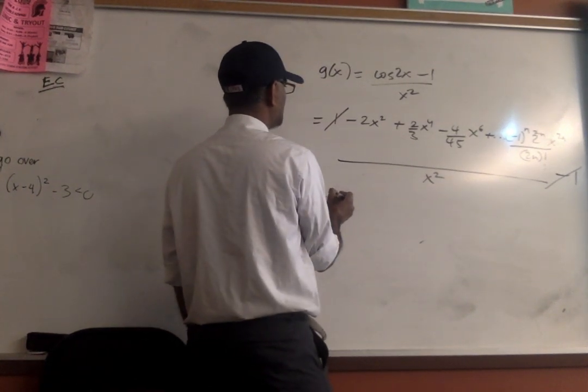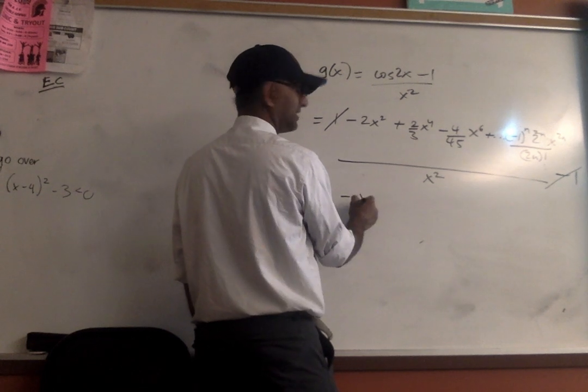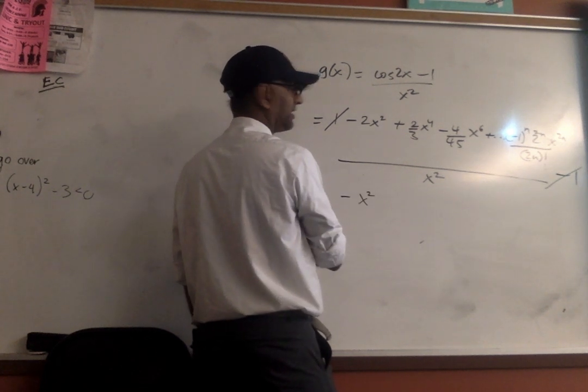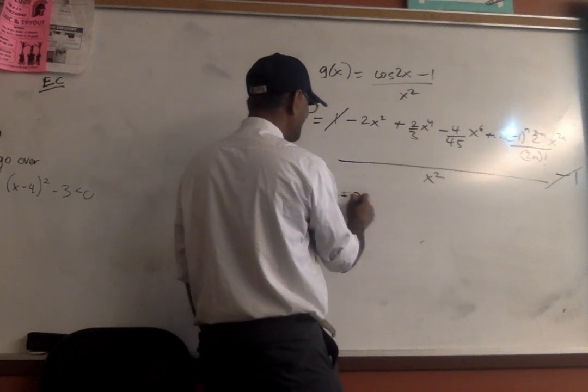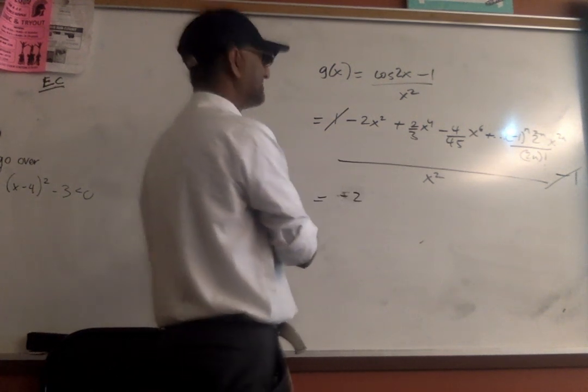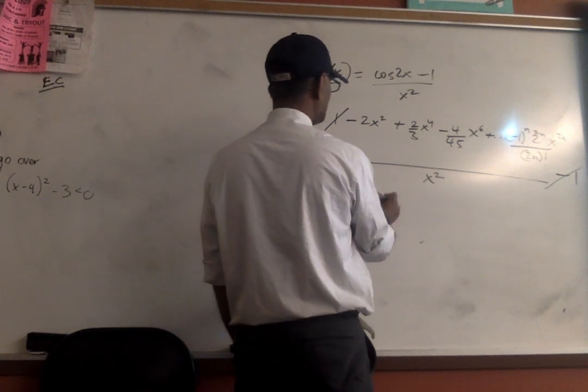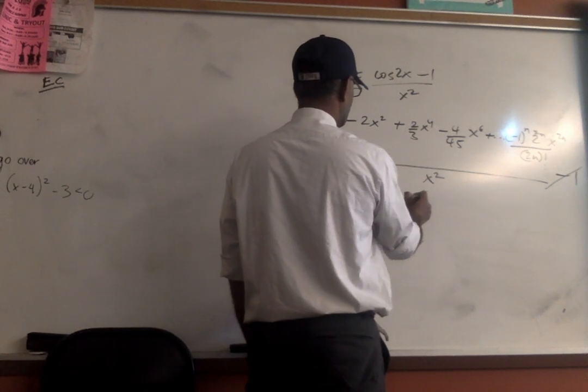So the first term will become negative 2x squared, sorry, negative 2. What will the second term become? 2/3 x squared.